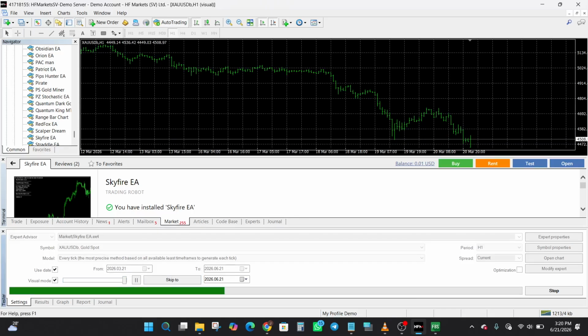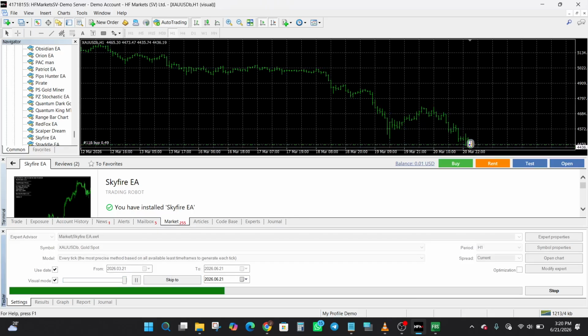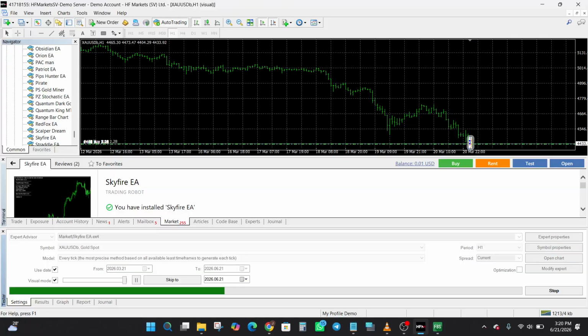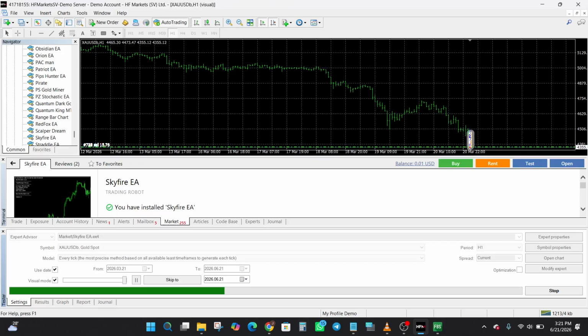So, as I review the backtest reports and the chart history, it is important to evaluate the performance in the context of the strategy description provided by the developer. Since the EA is designed around reactions following strong directional price movements, the historical trade activity should be viewed alongside those market conditions during the testing period.